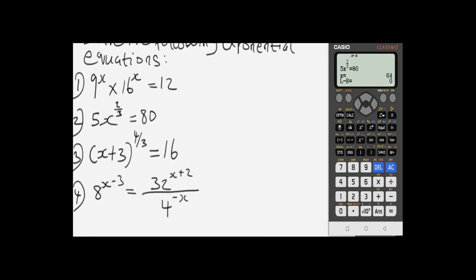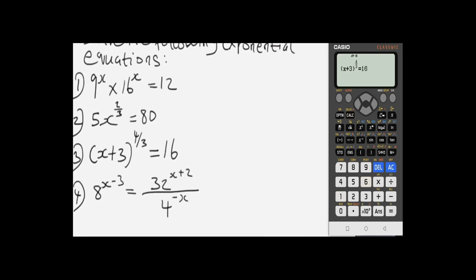So let's solve question 3. For question 3 we have in brackets x plus 3, close the brackets, to the power 4 over 3. Equals, come down, alpha and this calc button, 16.